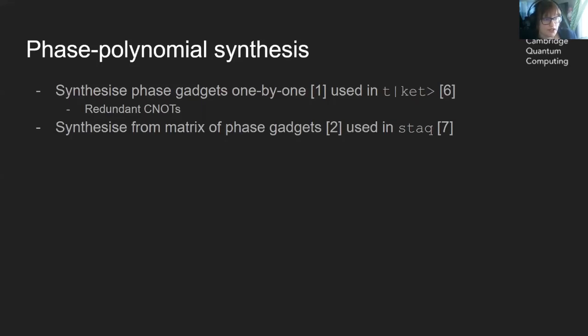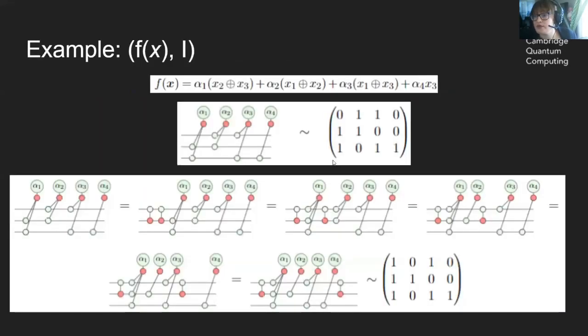So let's look at what this matrix representation means in terms of ZX diagrams. Suppose we have a phase polynomial f of x, this one, and the basis transform is identity just for ease. Then we can write each term of f as a phase gadget in the ZX diagram over here, right?